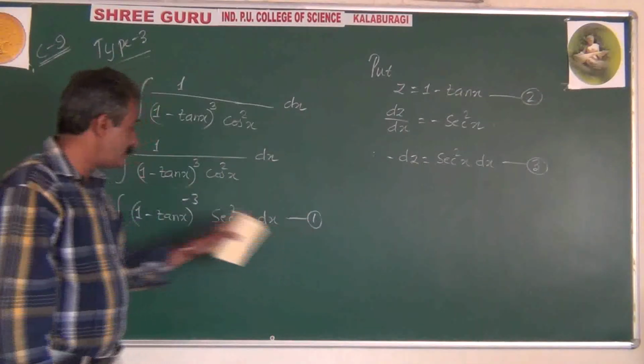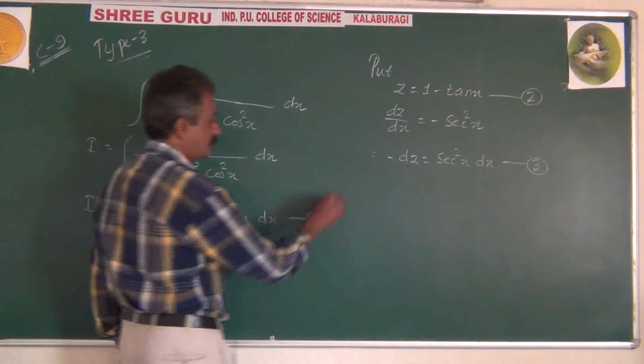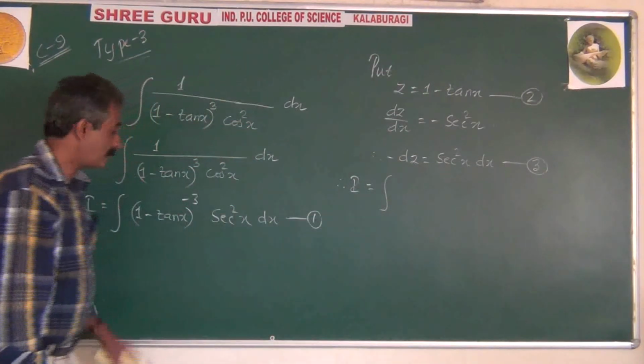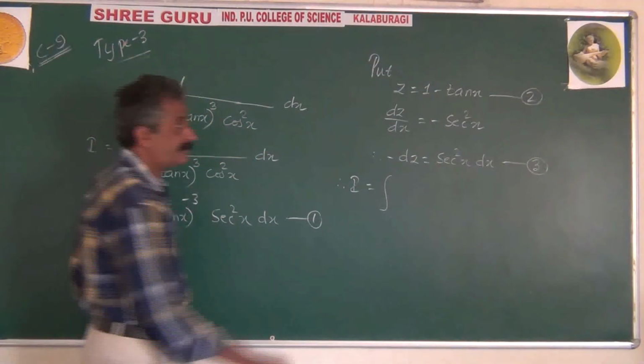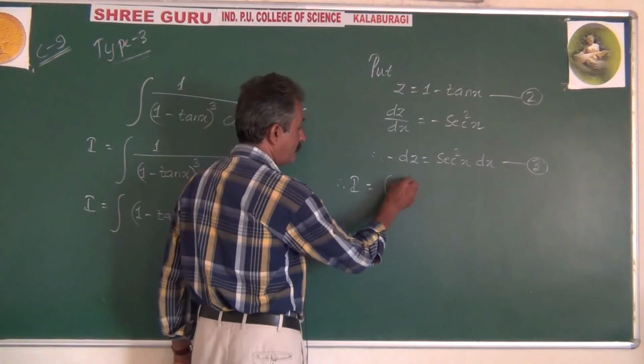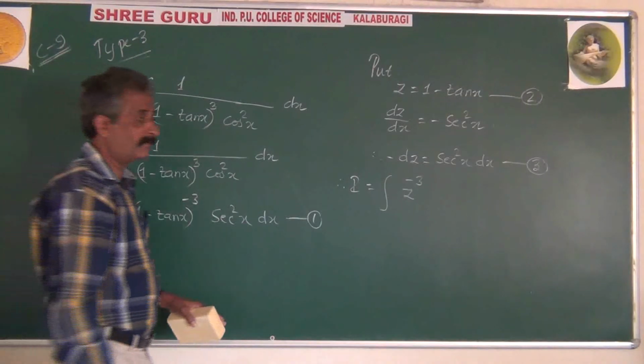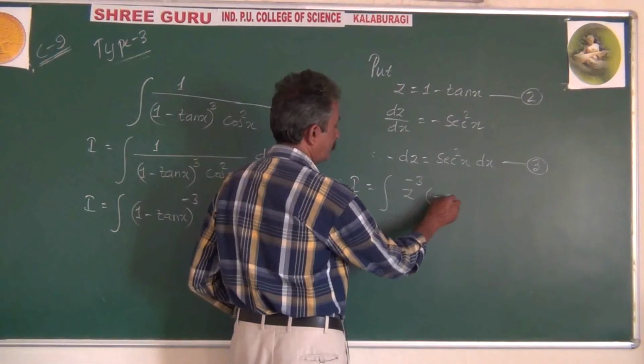Write from 2 and 3 using in 1. So now 1 becomes as I include integration. For 1 minus tan x, we can write z power minus 3. The rest, secant square x dx, becomes minus of dz.